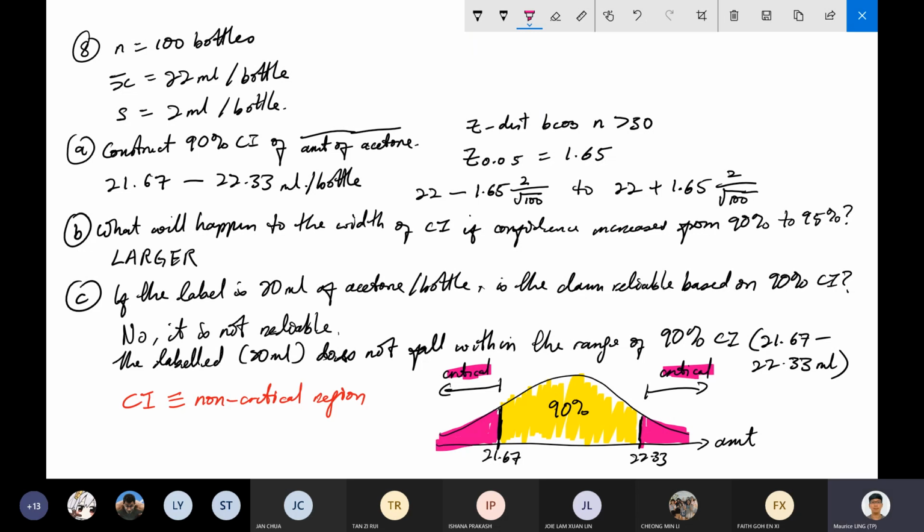And that's the relationship between confidence interval and your hypothesis testing. You can use confidence interval in your hypothesis testing if you know how to do it.